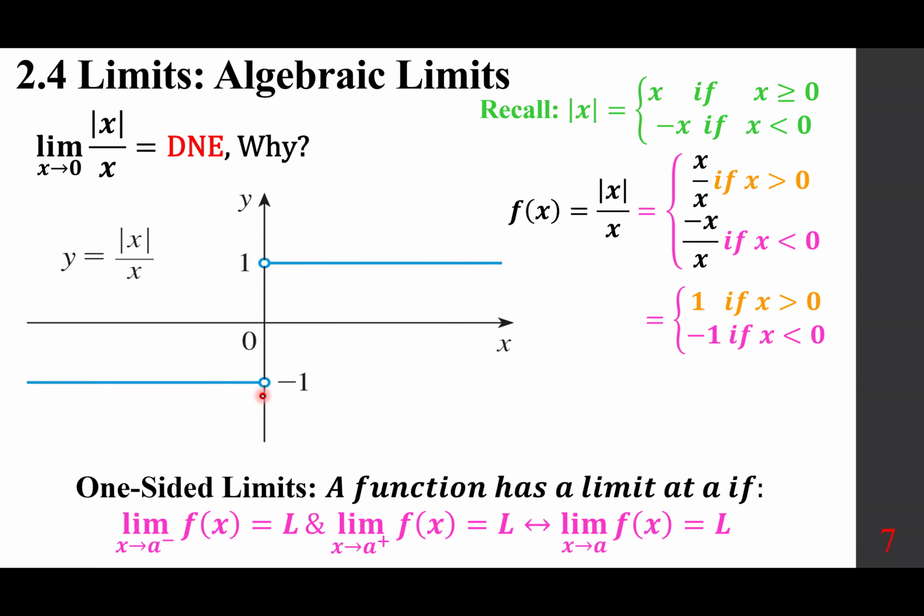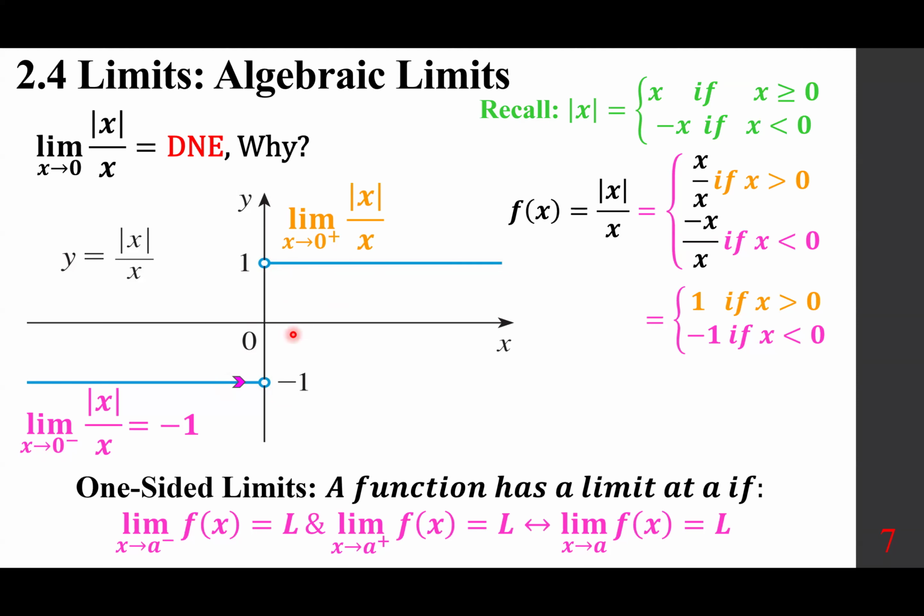Now, we want to look at the limit. We're going to look at the one-sided limit. Therefore, the limit of absolute value of x over x as x approaches 0 from the left. We want to go this way. So we are in this branch and it's going towards the y coordinate negative 1. We want to look at the same thing, but this time as x approaches 0 from the right.